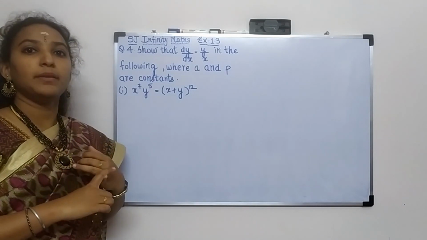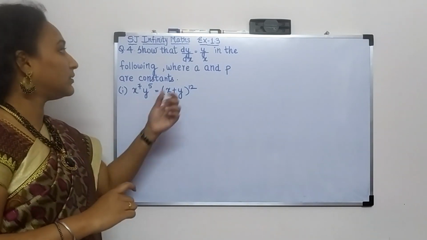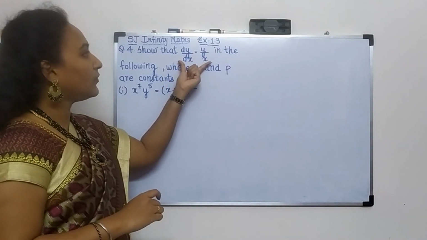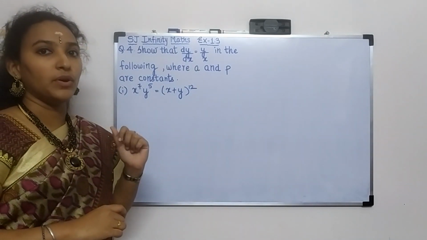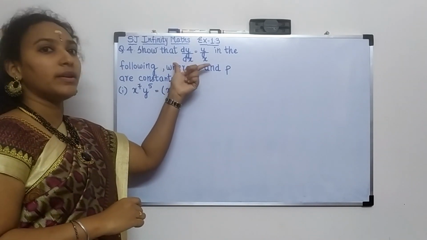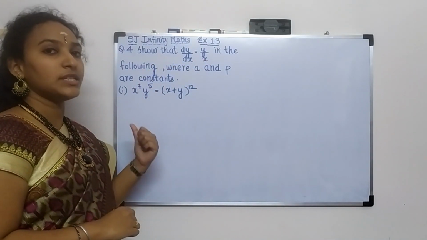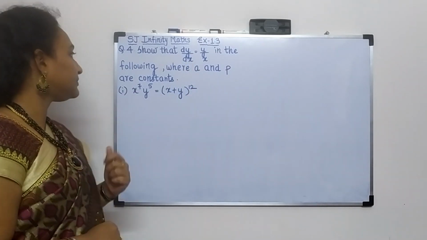The letters a and p are considered to be constant numbers. We have to prove that dy by dx is equal to y upon x. The answer is already given in the question, hence the solution is easy. We just have to arrive at y upon x.